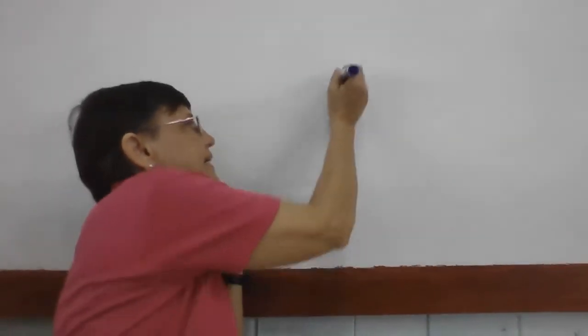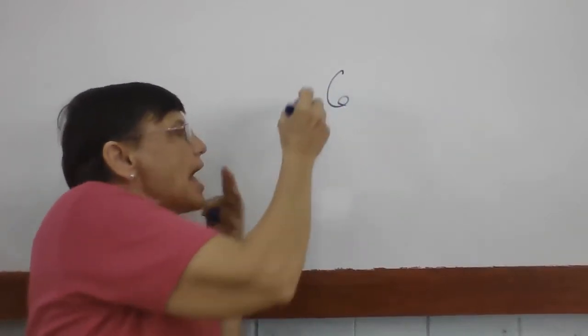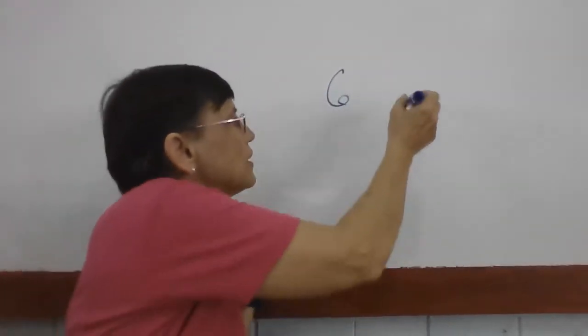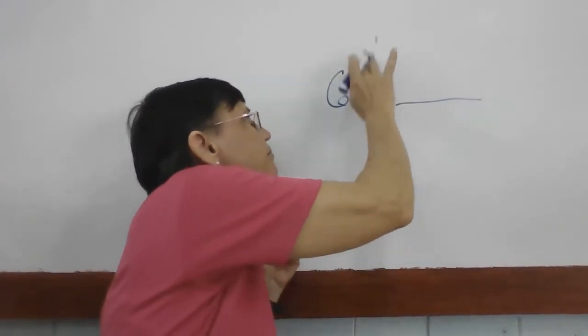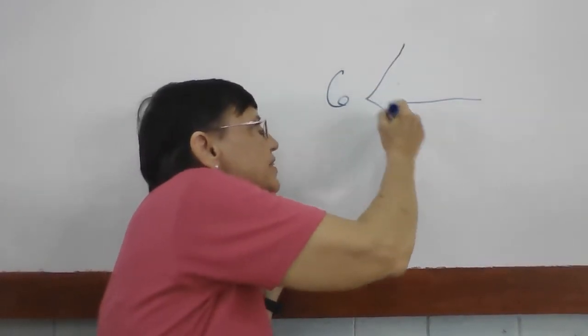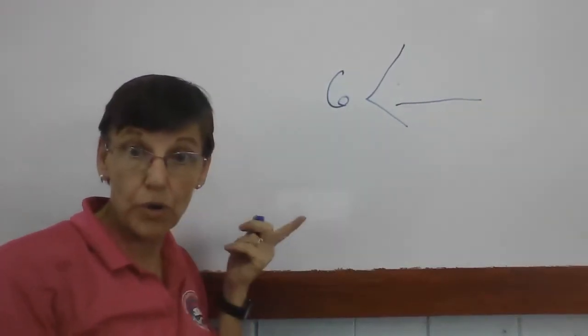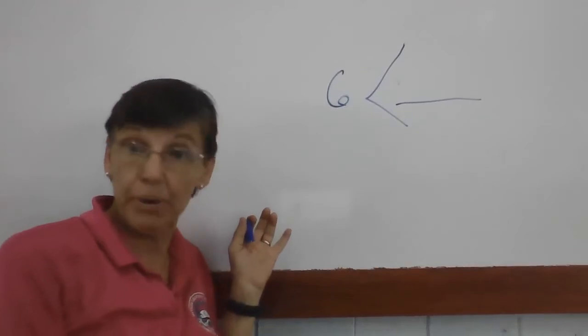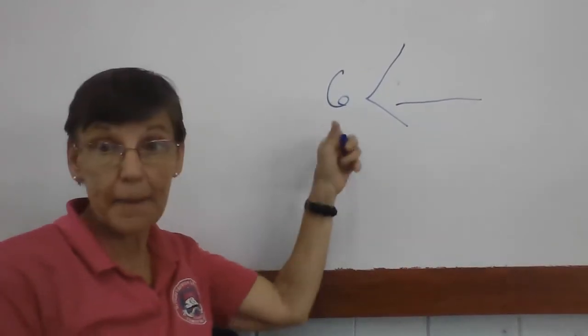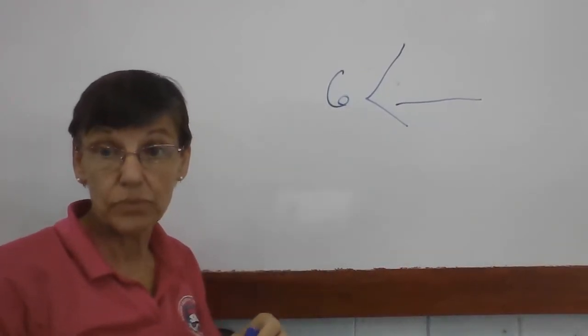So if it says I want a number that's bigger than 6, our number is 6, what number do I put in there? I can put 25, 392, I can put a million, whatever, as long as it's bigger.